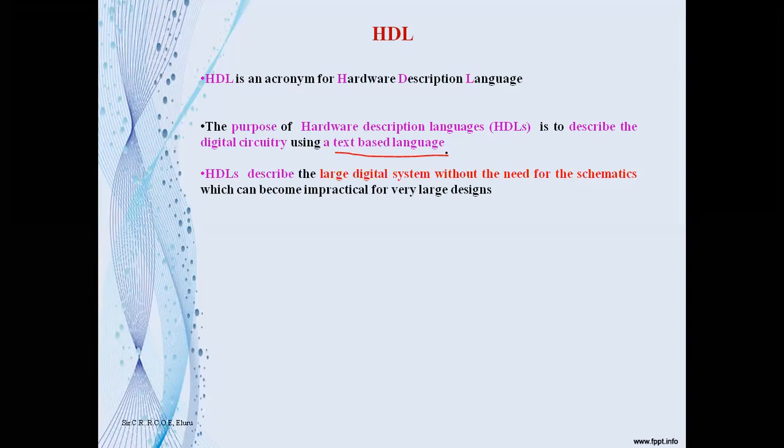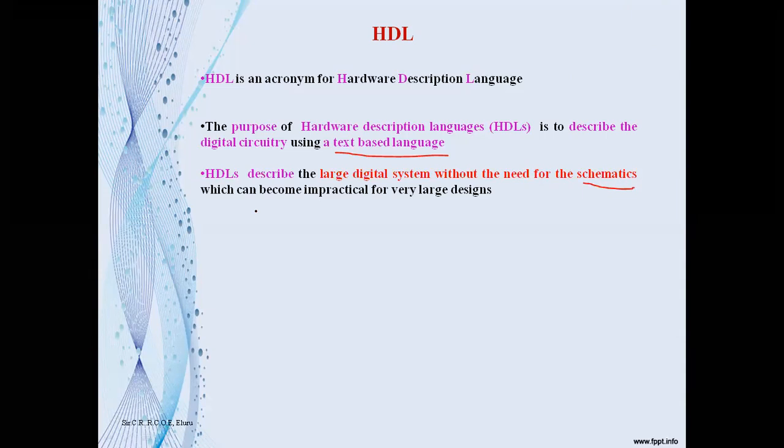Describing large digital systems with the help of schematics can become very impractical for designing very large systems, because simple and smaller digital circuits can easily be described with schematic representations.